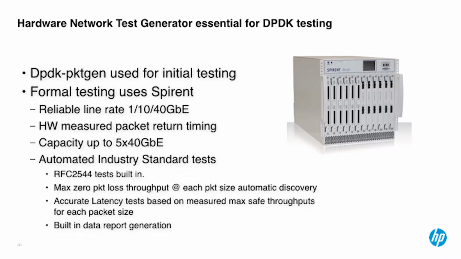It's certainly a daunting investment for a piece of hardware like this, but we start off using the software packet generator, the DPDK packet gen, but that can only take you so far, especially as you need to get line rate at higher bandwidths, beyond 10 gigabits. What we found is that it provides reliable line rate for 10 and 40 gig, and other speeds next year, and accurate hardware measuring of the packet return timing. Right now we've got 5 ports of 40 gig, and that still becomes somewhat of a bottleneck.